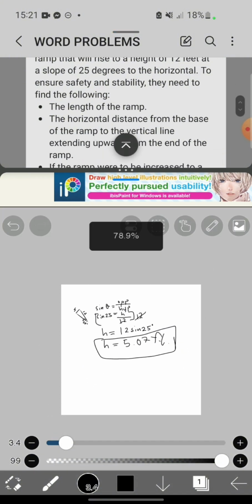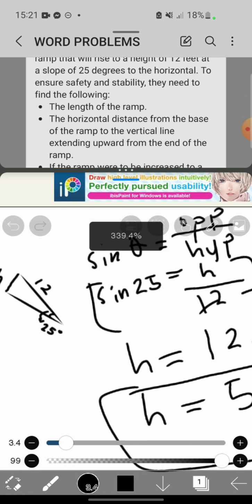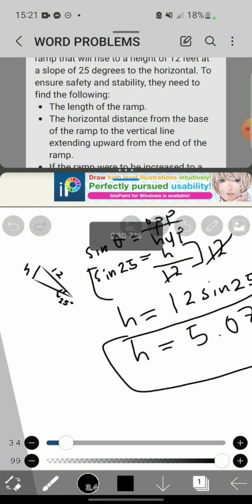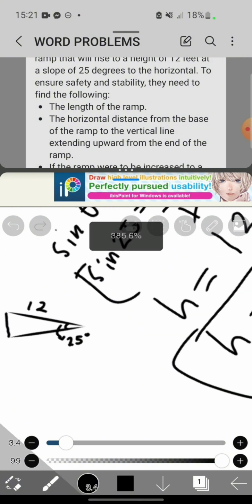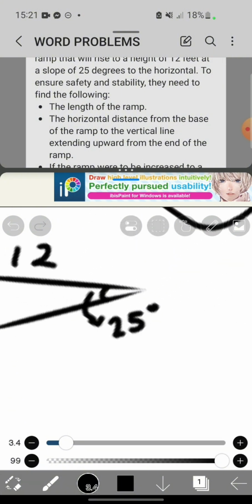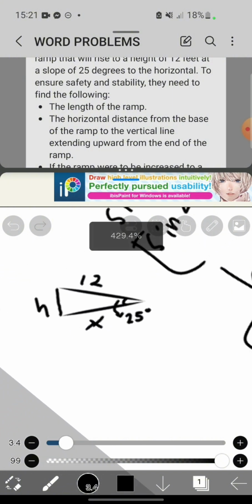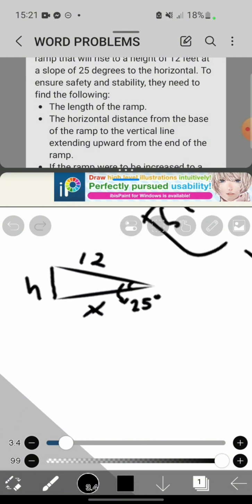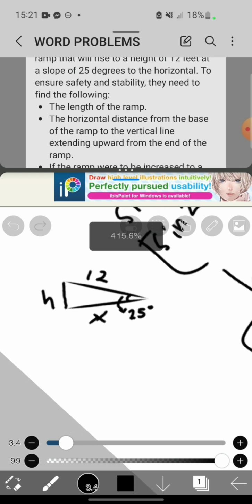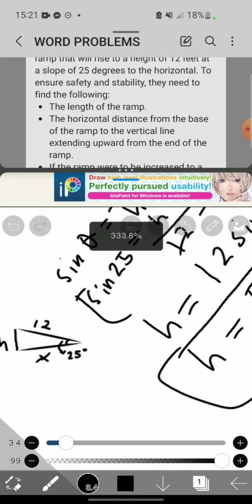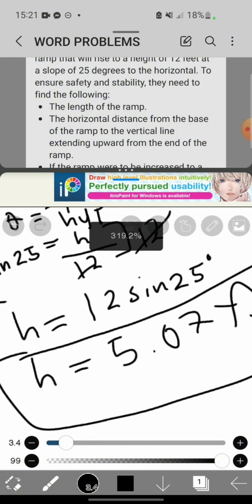For the second question, we have to find the horizontal of the ramp. To find the base, we can use the Pythagorean theorem, because we have the hypotenuse, which is 12, and the height is 5.07.